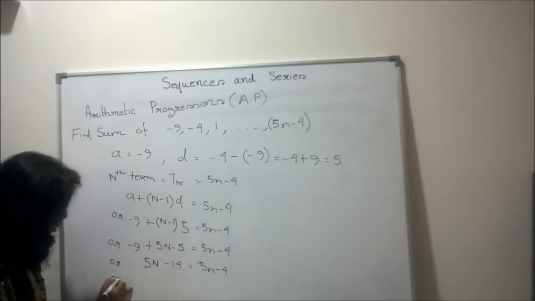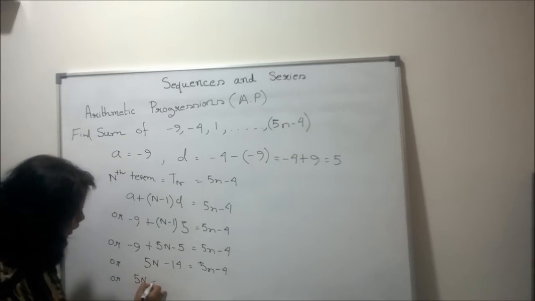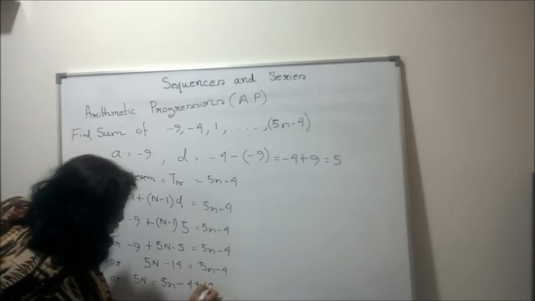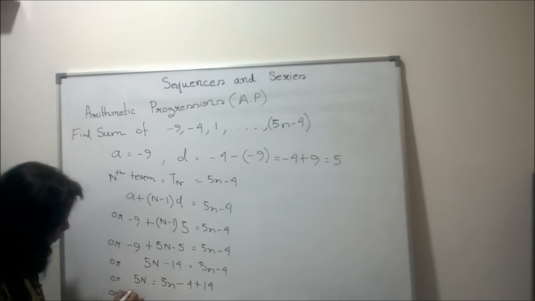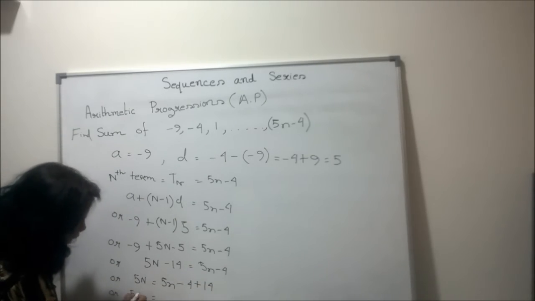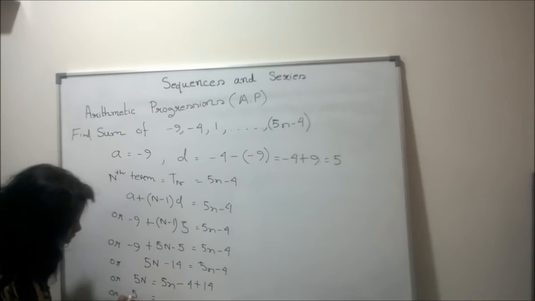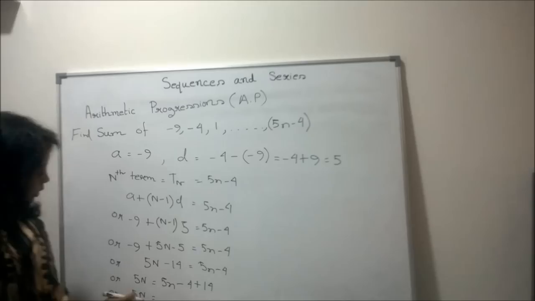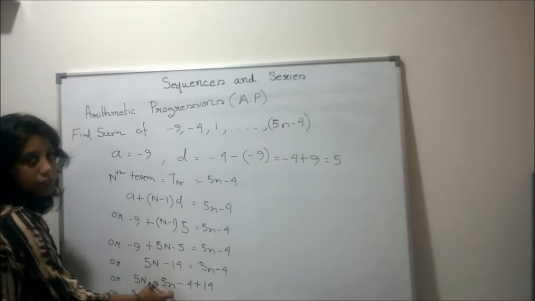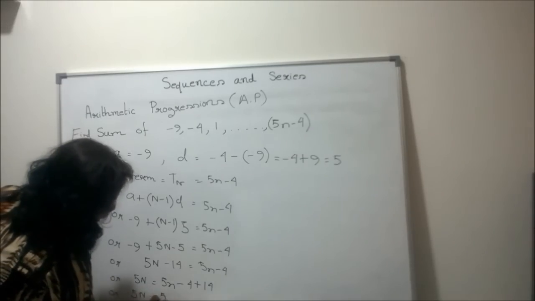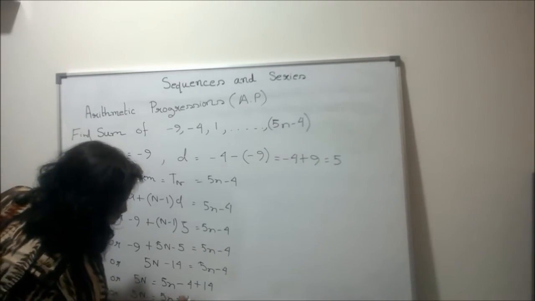So here 5 capital N is 5n minus 4 plus 14. So here 5N is 5 capital N. You must remember this is capital N, this is small n, these two are different. 5N is 5n plus 10.